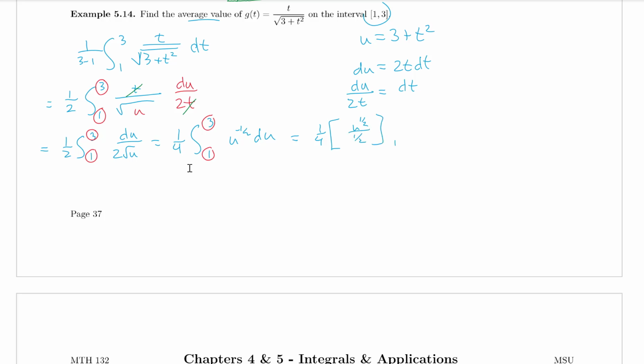And we're going to evaluate that from 1 to 3, but not really 1 to 3 because those are our t values, and we have our integral in terms of u. And so we get 1/4 times 2 square root of u evaluated from 1 to 3. And now what I want to do is convert our variables back to our original t variables.